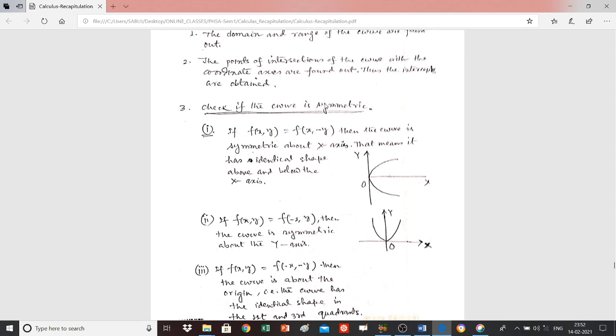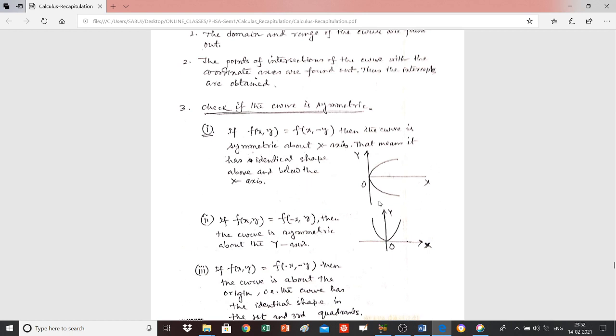That is, you have to check whether the curve is symmetric or not. Number one: if f(x, y) equals f(x, -y), that is, if you replace y by -y and the function remains the same, then the curve is said to be symmetric about the x-axis. That means it has an identical shape above and below the x-axis.